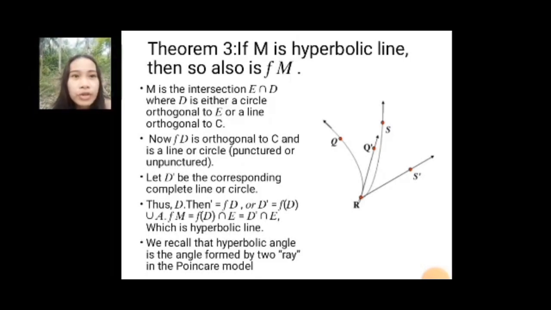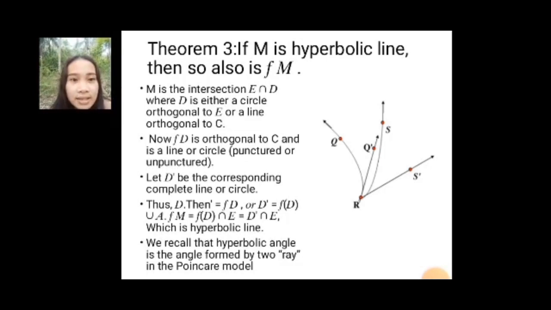So we have theorem 3. If m is a hyperbolic line, then so also is Fm. M is the intersection of E with D, where D is either a circle orthogonal to C or a line orthogonal to C. Now, FD is orthogonal to C and is a line or circle, punctured or unpunctured. Let D prime be the corresponding complete line or circle.